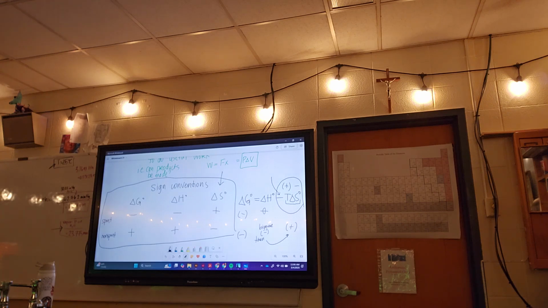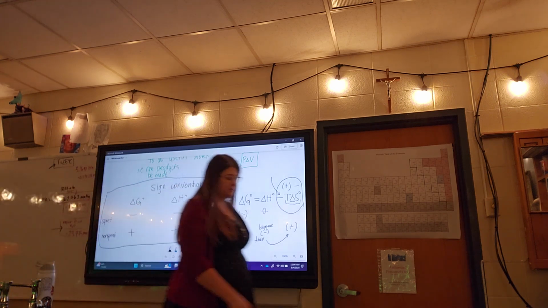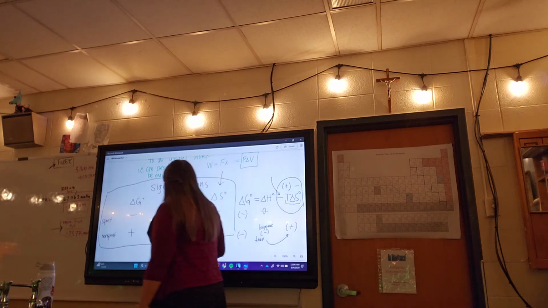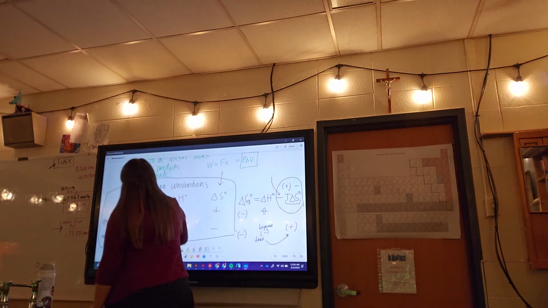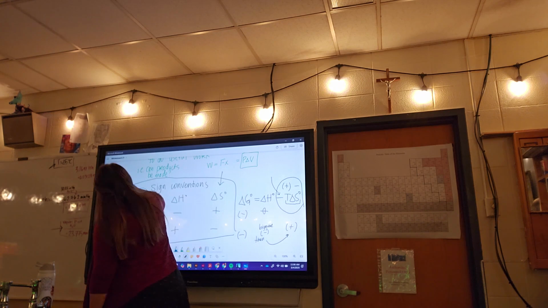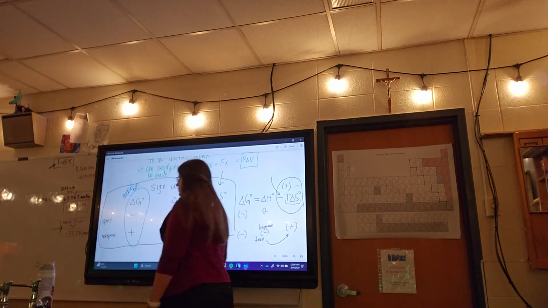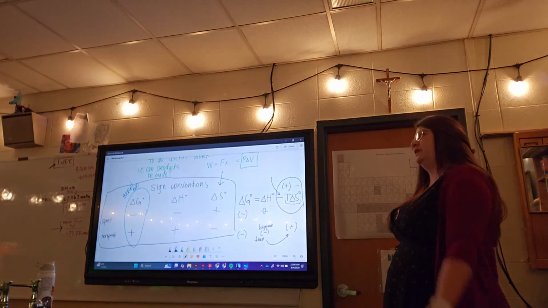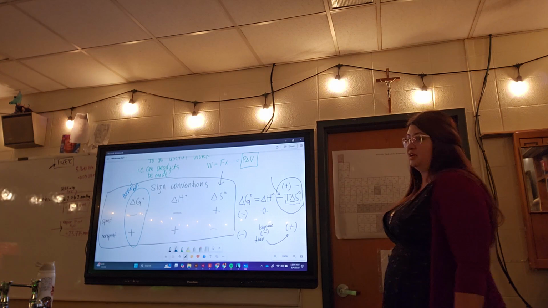So how do we know if a reaction is spontaneous or not? The overall reaction, you're going to look in this column. And so if you were just asked, is a reaction spontaneous? Here is this value. If delta G is negative, yes.